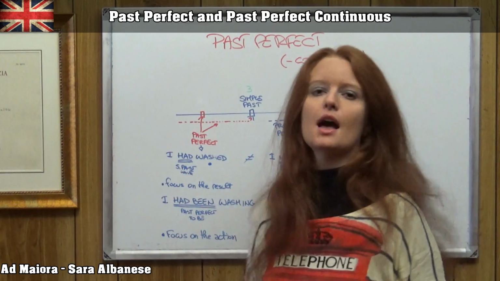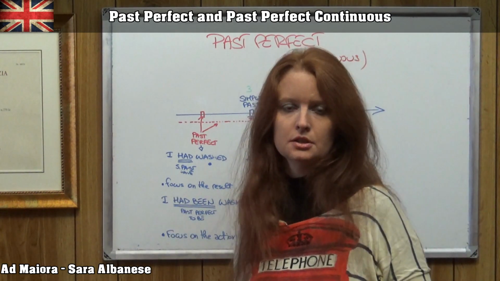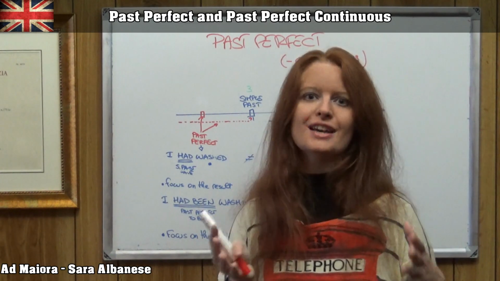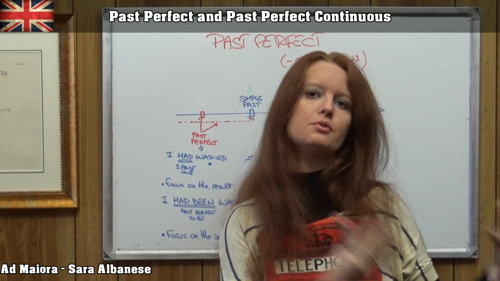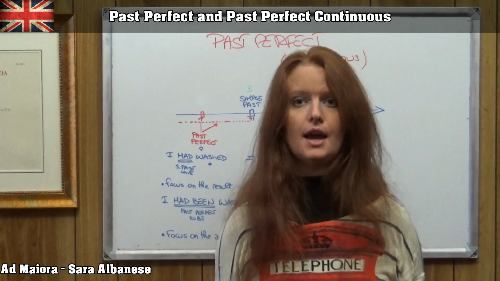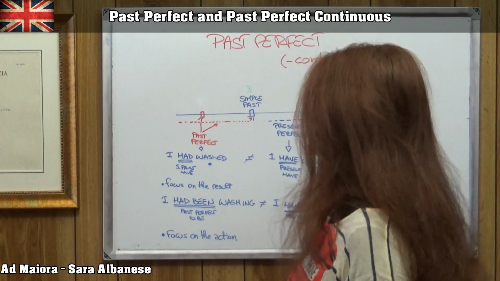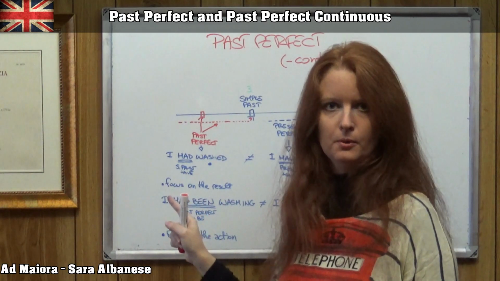I've written this example here with the verb to wash. I had washed. This is a regular verb, so we just add ed at the end of the verb, but we know that if it is an irregular verb, we have to check the third form in the table of irregular verbs. Anyway, simple past of the verb to have and past participle.